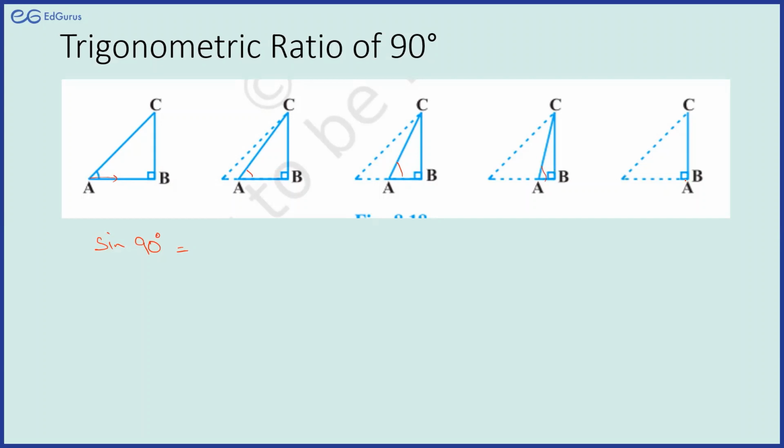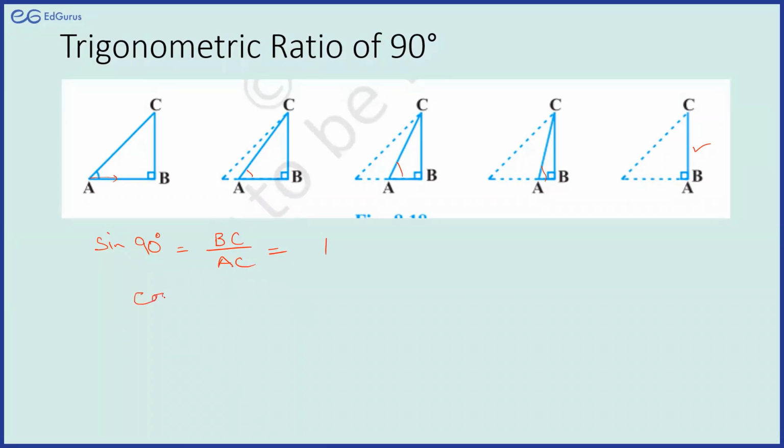And when it completely reaches B, angle A becomes 90 degree. So what does that mean? Now sine 90 was perpendicular BC upon AC. BC and AC in this picture have coincided, so it is equal to 1.